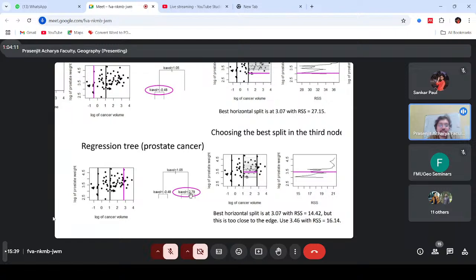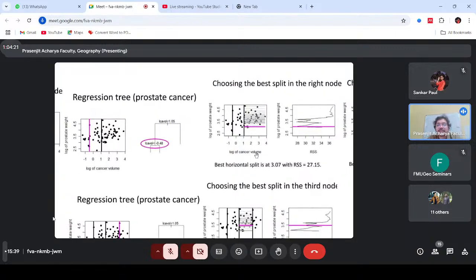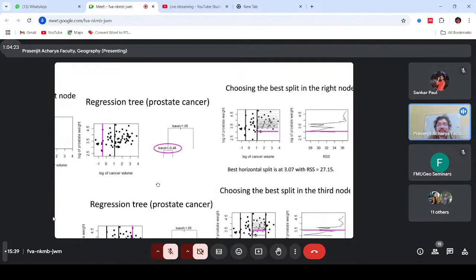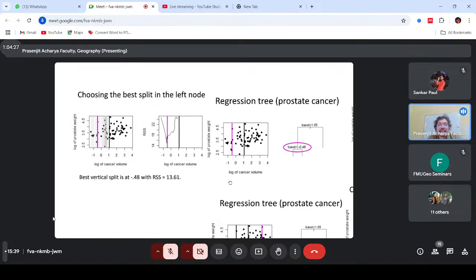Based on the continuous variables, we have the log of the cancer volume, LCAVOL, and we have prostate weight. If I apply the criteria to understand the probability of prostate cancer, it's not a binary class, presence or absent, but it suggests what's the probability.